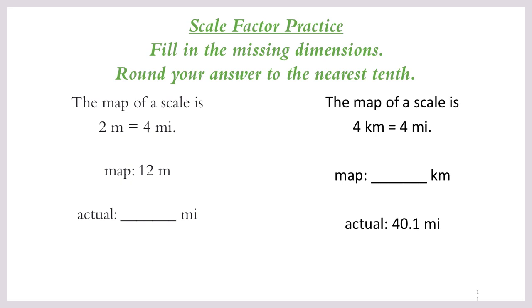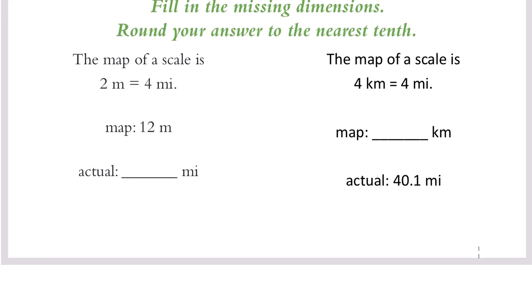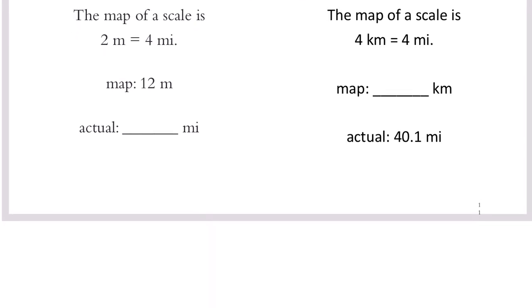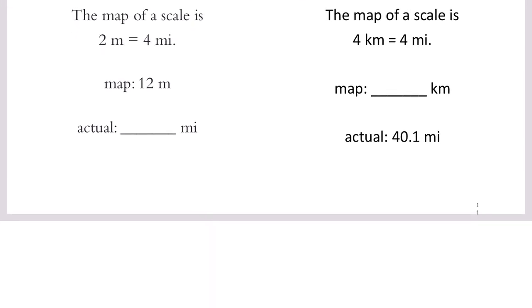All right. This one, the map of a scale is 2 meters equals 4 miles. So if I start the same way in words, what are my units on this one? Miles to meters.